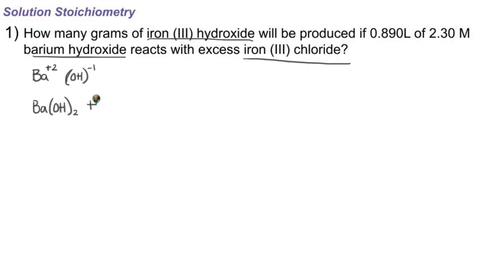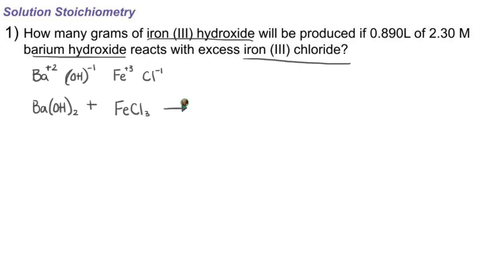reacting with iron 3 chloride, so iron Fe with a +3 charge. Chloride is Cl with a -1 charge, so iron 3 chloride would be FeCl3. So there are my first two reactants. Then I need to figure out the products. This is going to be a double displacement reaction.